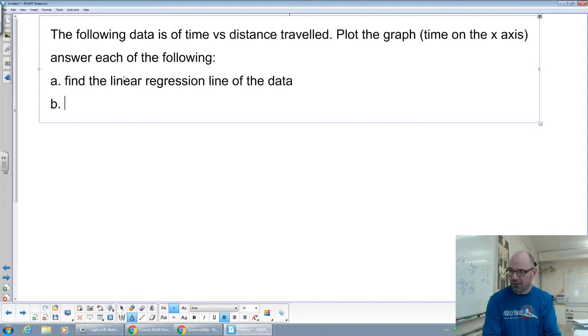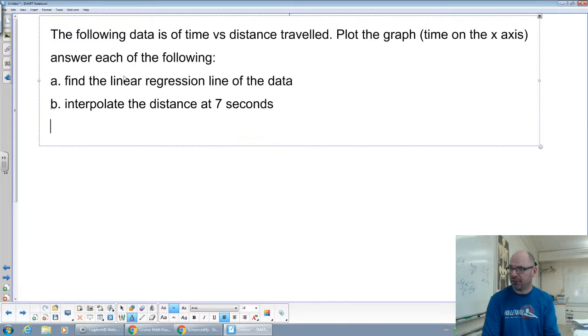Okay, then let's say interpolate the distance at, let's say, what am I going to use here? Let's say 7 seconds. Or no, that's too easy. Yeah, let's go 7 seconds. Okay, and then extrapolate using the linear regression line.